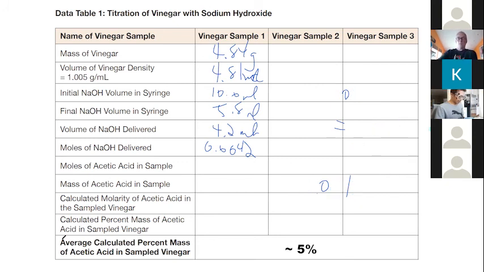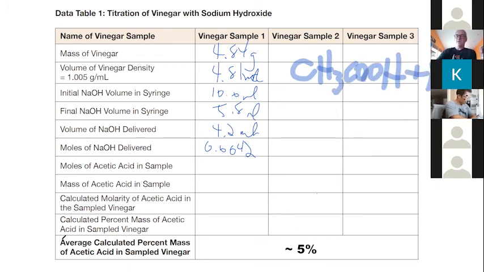It's like that one that you wrote down earlier, right? It is. Yeah. So here's acetic acid plus sodium hydroxide. So these are the reactants. What are my products going to be?